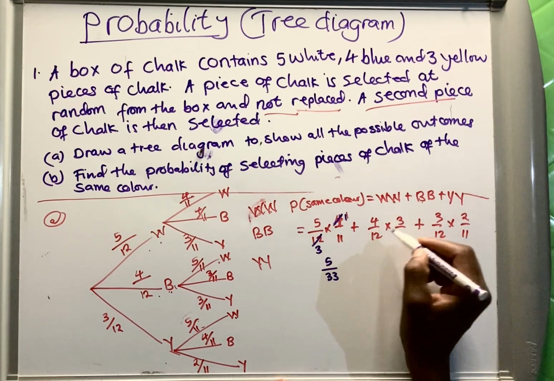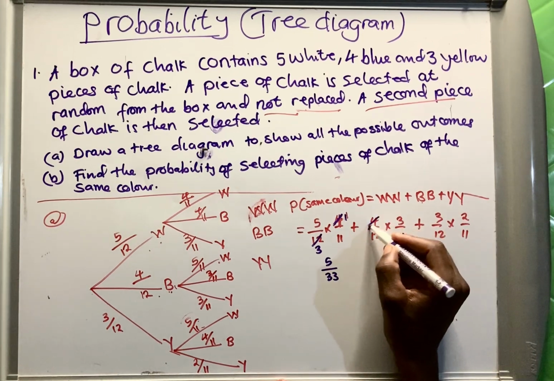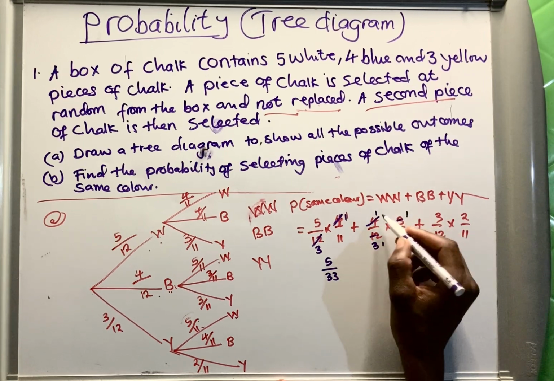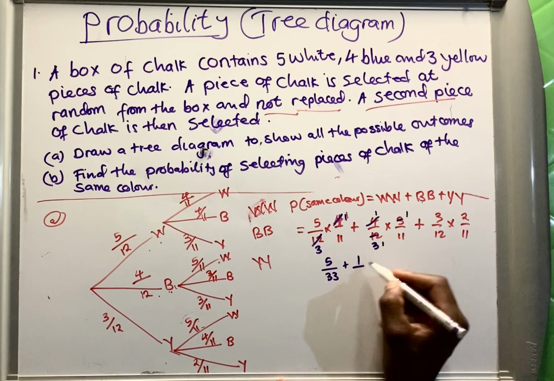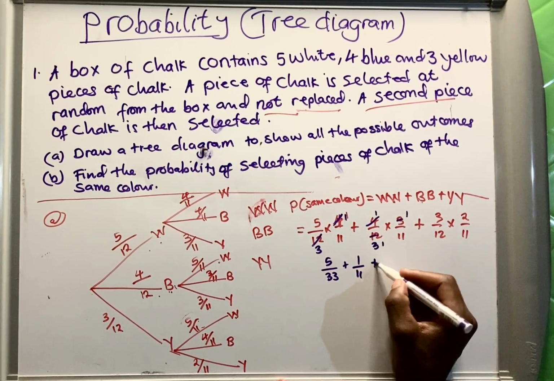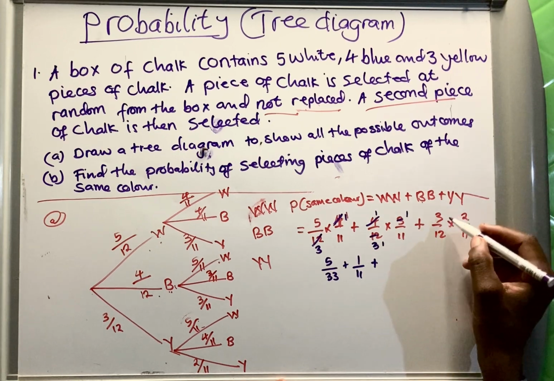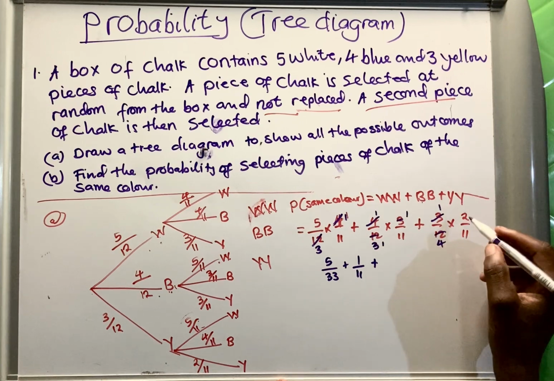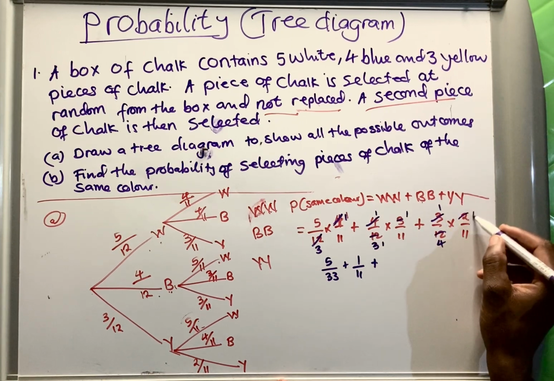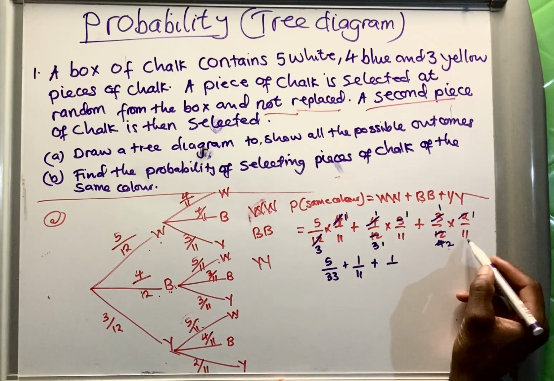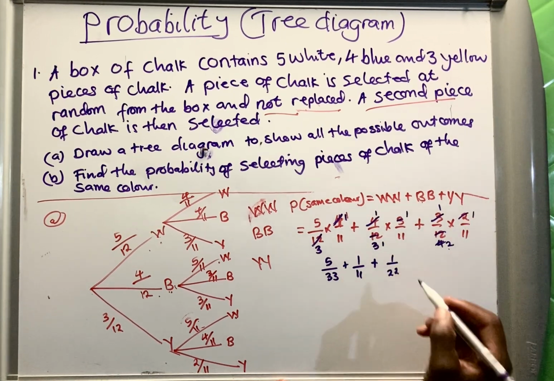We can either use this one or this one, either way. 4 here goes 1, 4 here goes 3 times. 3 here it's 1, 3 there it's 1. So 1 times 1, 1 over 1 times 11, which is 11. Plus, okay, we can also reduce this. 3 here it's 1, 3 here it's 4. Then 2 here it's 1, 2 here it's 2. So we have 1 over 2 times 11, which is 22.